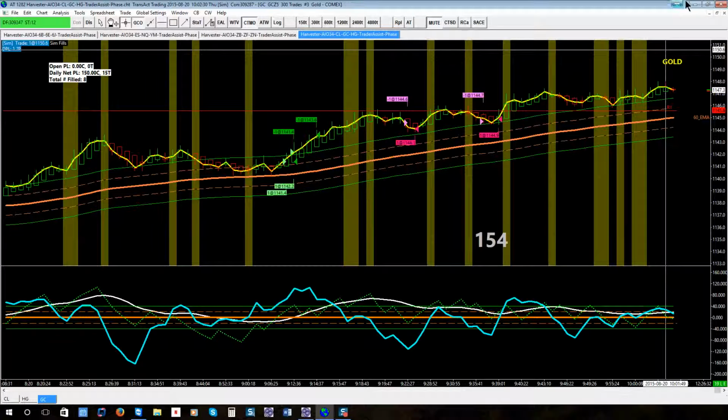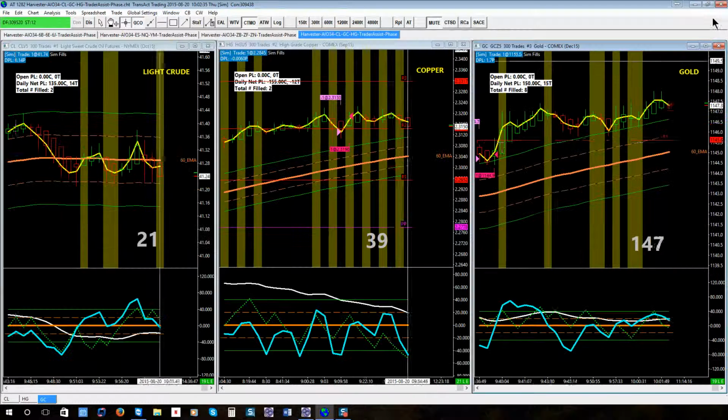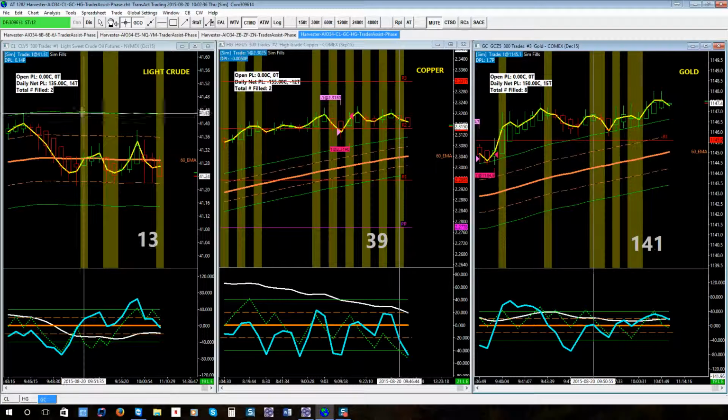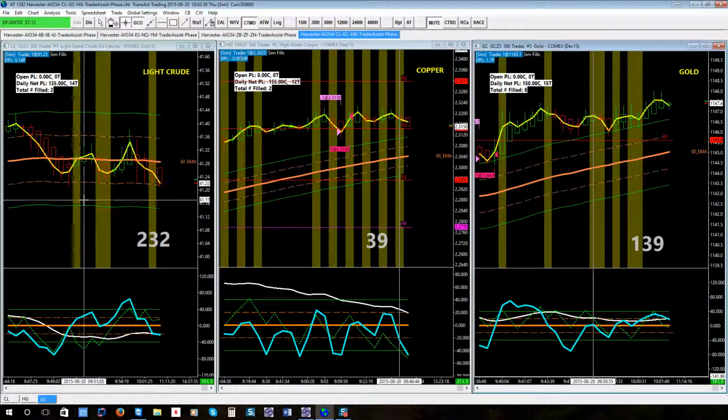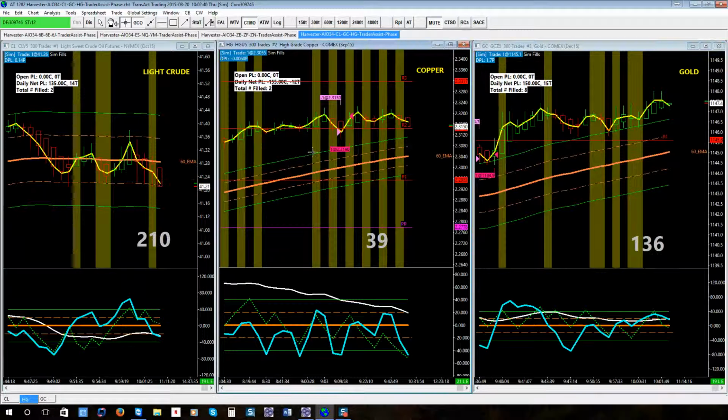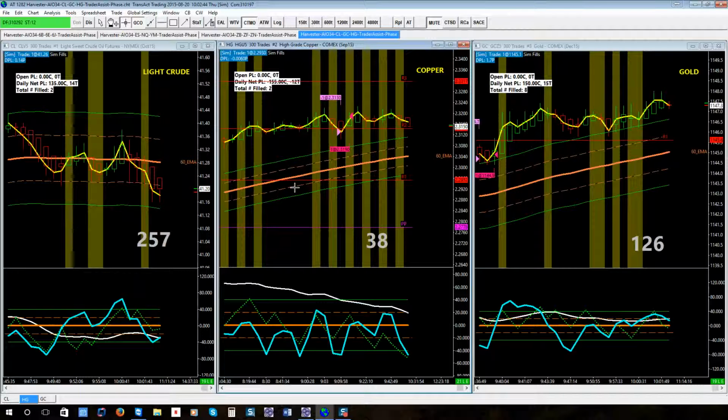So that's it. Using that technique, 150 in 8 fills in gold, 135 in 2 fills in oil. I wasn't using that technique for copper, so don't pay attention to the minus 155 in 2 fills, and I'm not counting that. So that's the end.